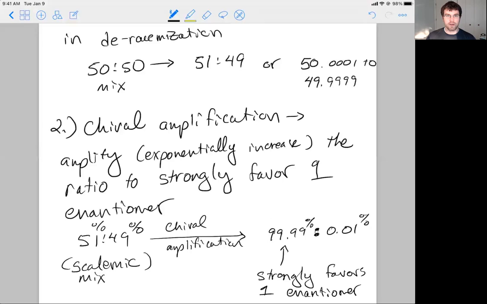Okay, so we've achieved a slight excess, then we amplified that slight excess to a huge excess.